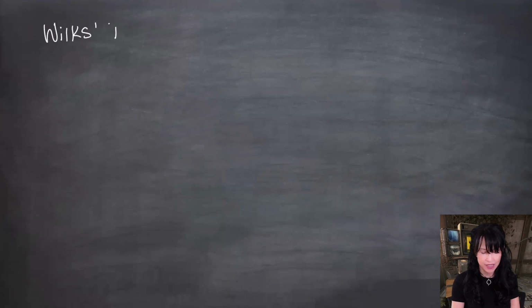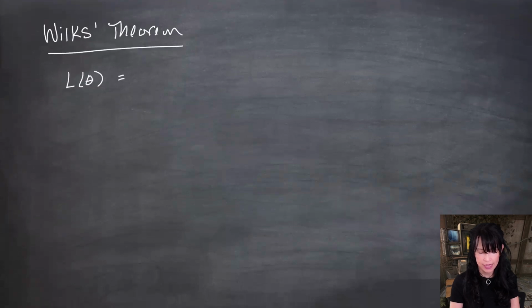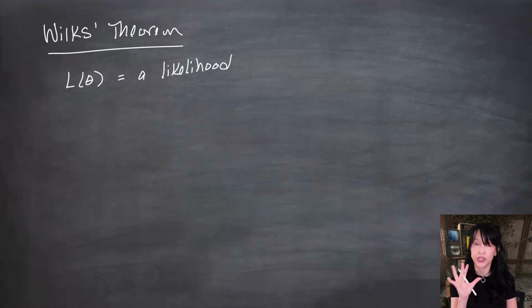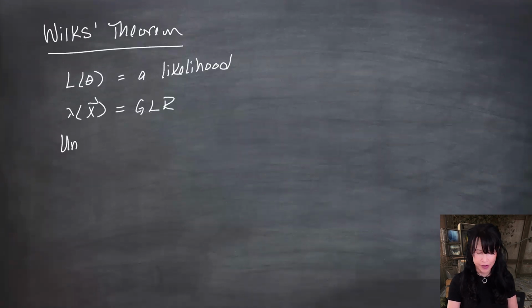Sorry about that. So I'm going to let L of theta be a likelihood, and this is a generalized likelihood ratio test. So you would have to find an MLE and a restricted MLE, and from that you could form the generalized likelihood ratio. And so here is Wilks' theorem.